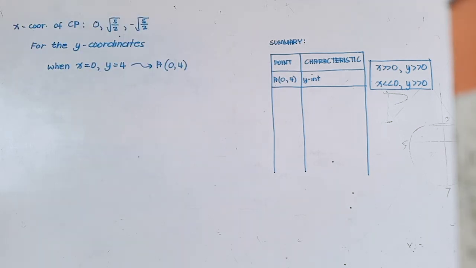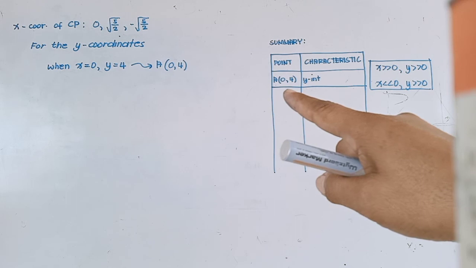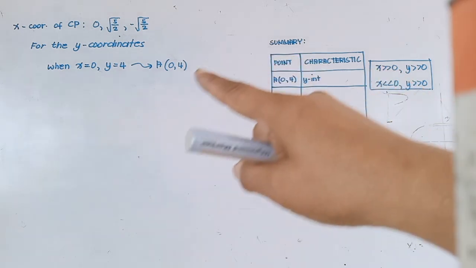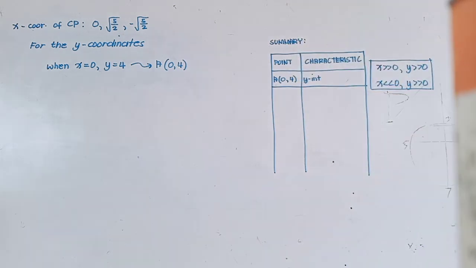Okay, those are the x coordinates of the critical points, and we will be solving for the corresponding y coordinates. We knew already that an x coordinate of 0 corresponds to a y coordinate of 4, from our prior solution. That is our point A, right? So point A is not only a y-intercept, but at the same time a critical point.